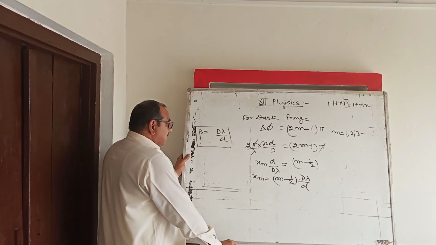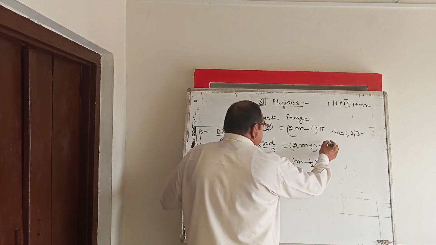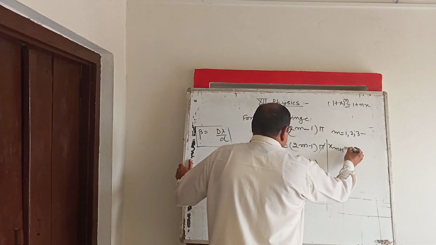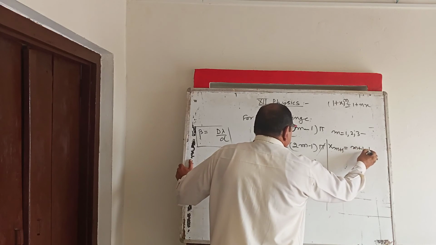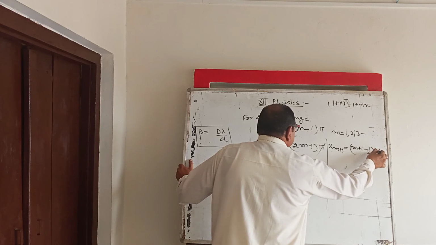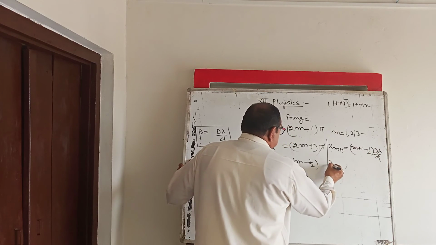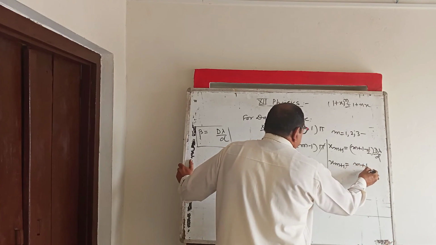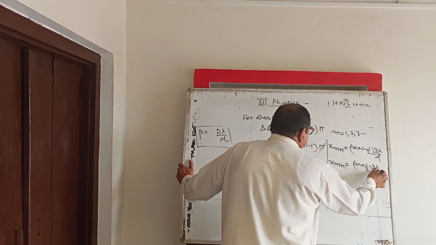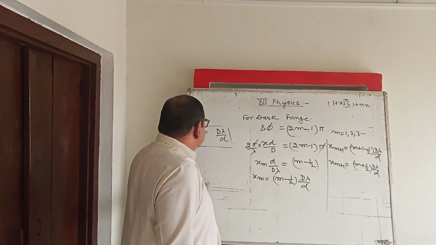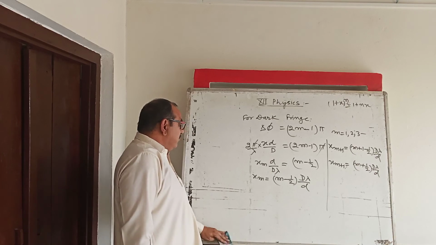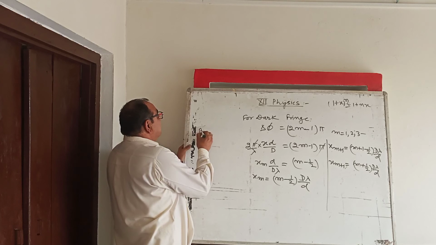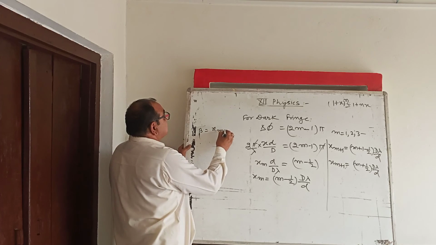Next, for the next dark fringe, (m plus 1 minus half) d lambda upon d, that equals xm plus 1 equal to (m plus half) d lambda upon d. Now, the fringe width for the dark fringe, that is beta, equal to again xm plus 1 minus xm.